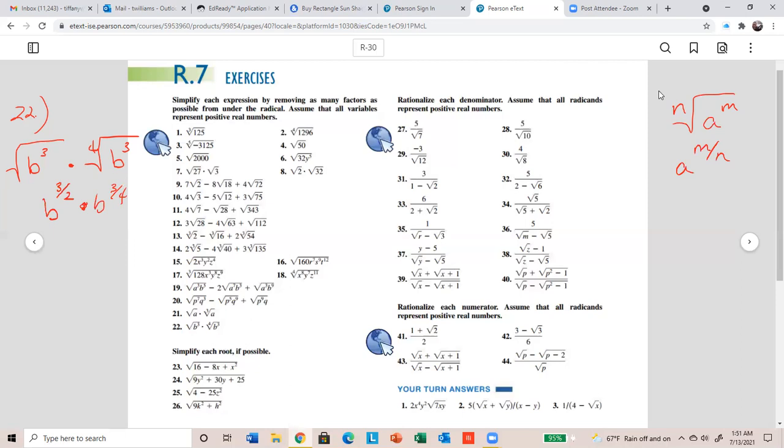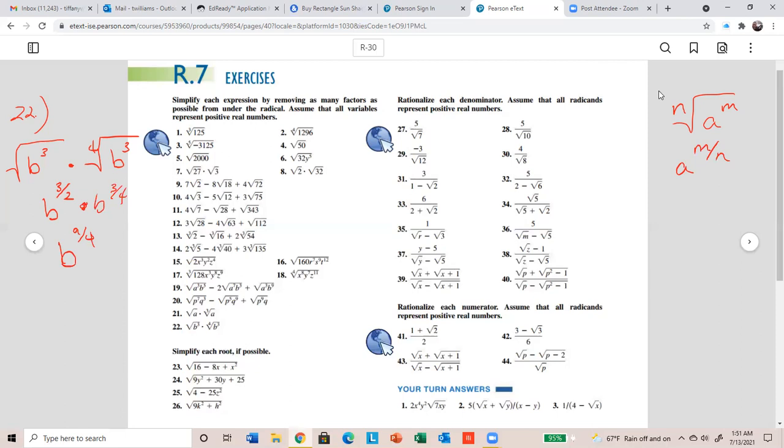Does that help us? Yes, it does, because you have the same base. Because I'm multiplying by the same base, I can add my exponents. So I'm going to add 3/2 plus 3/4, and you get b to the 9/4. So I couldn't do that with radicals, but I can do it with exponents.